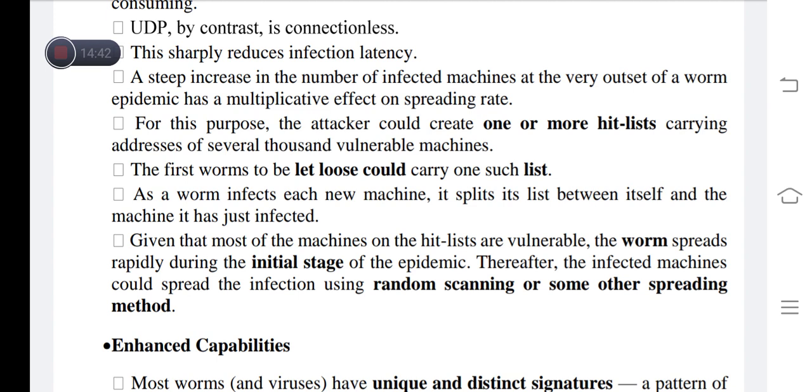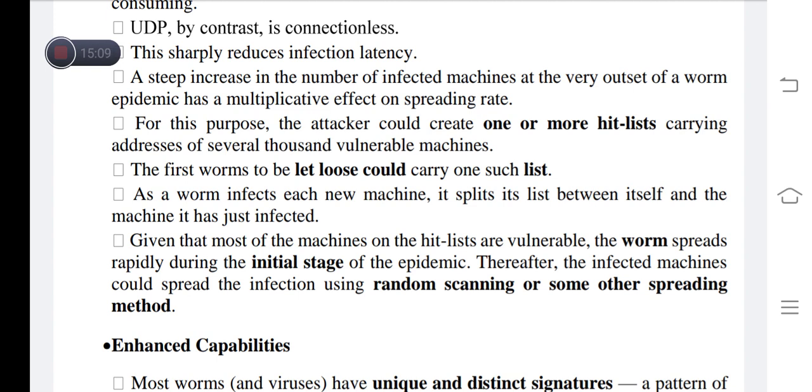The first worm to be let loose could carry one such list. Then as a worm infects each new machine, it splits its list between itself and the machine it has just infected. So that means the first worm will have all the target machine details.